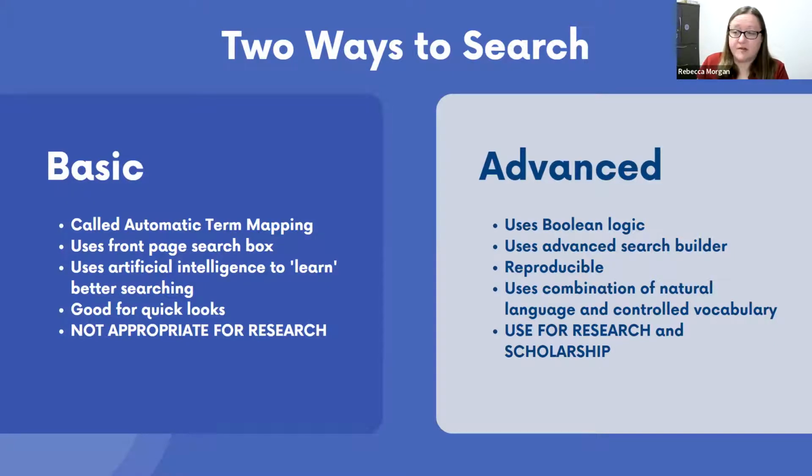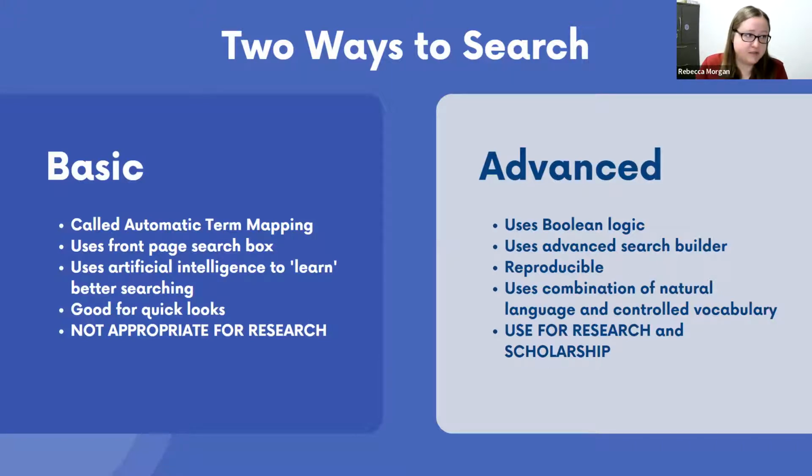search algorithm called automatic term mapping, where it's a learning search algorithm. So it learns based on what you select after you do a search. That means it's always changeable. That's why it's not great for research. Like I said, it's fine for quick looks, but you really want to do the advanced search if you're going to be doing anything research-based, anything for school projects, anything for a lit review, anything that's more intensive, because the advanced search is not learnable.